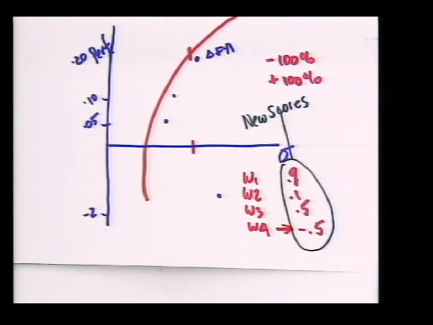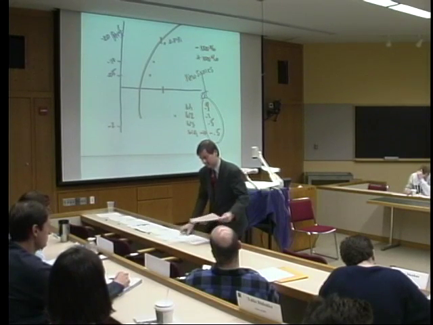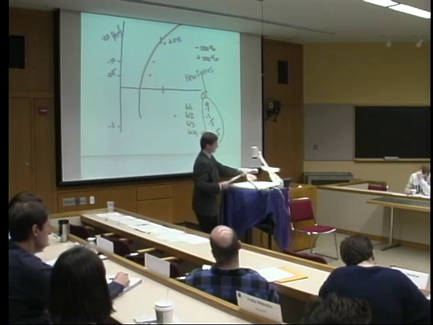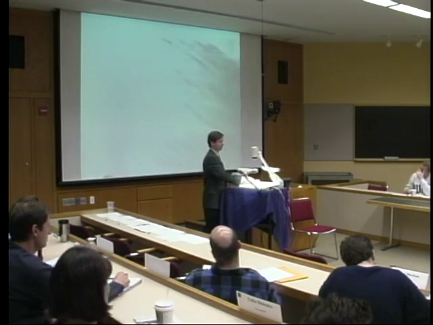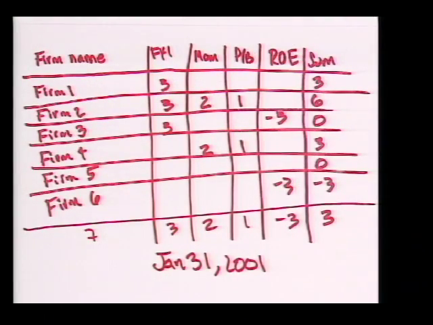Okay, go back to our spreadsheet. Instead of assigning 3, 2, 1, and minus 3, we're assigning 0.9, 0.1, 0.5, and minus 0.5.